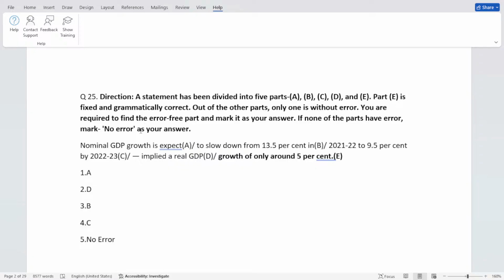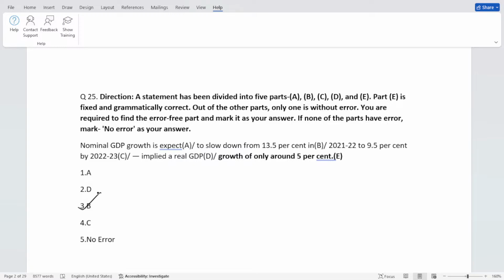Expect is given here, that's supposed to be changed to expected to slow down from the 13.5% in the 2021 and 22. This is going to happen. So implying here. Accordingly, implied is given, implying is supposed to come. So accordingly, B is the correct answer.